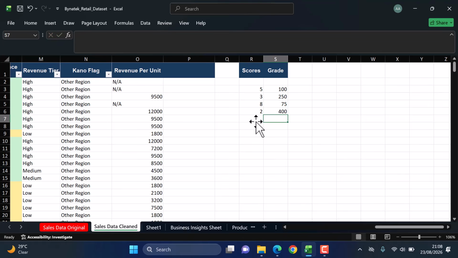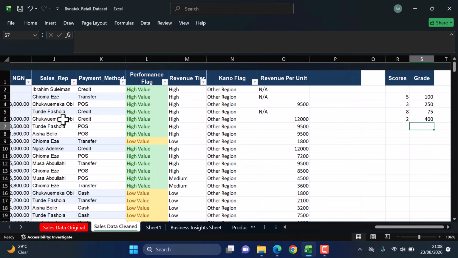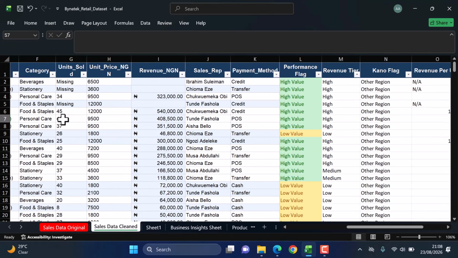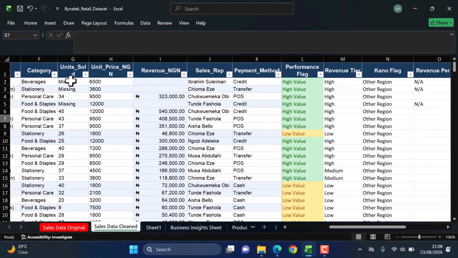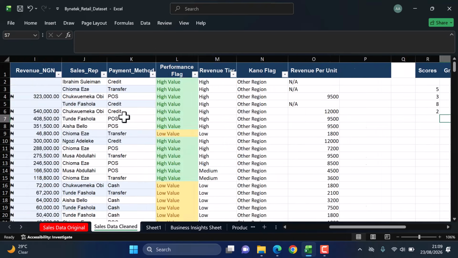So for total value, this one is the unit price, this one is the quantity. The same way we calculated revenue: revenue is units sold times unit price. So it's the same thing here.